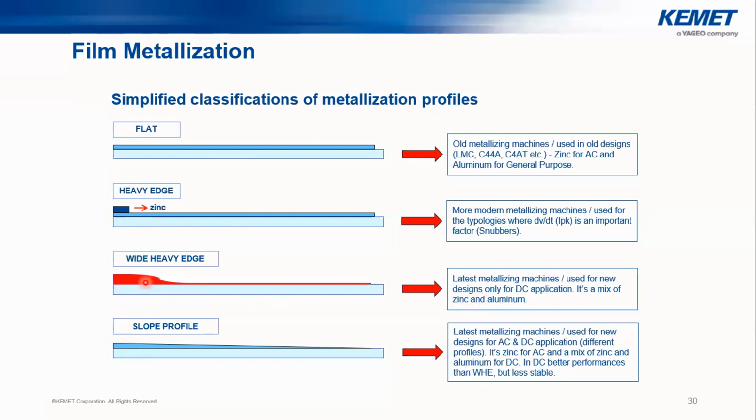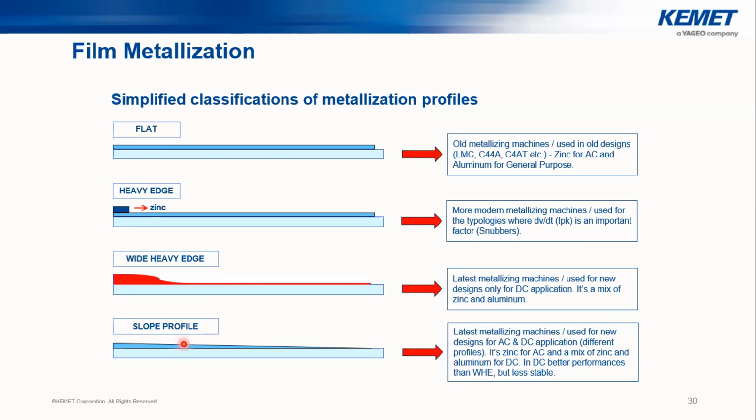We also have wide heavy edges designed for DC applications, which are a mix of zinc and aluminum. And we have the slope profile, which is used for the new design of AC and DC applications: zinc for the AC, and a mix of zinc and aluminum for the DC application.